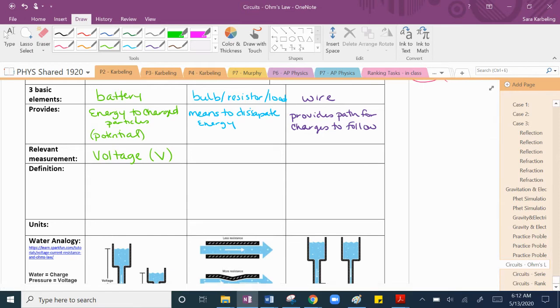The definition for voltage can get really technical really fast. I don't want to overwhelm you, because for our purposes this year, it's not crucial that you have all of the bits and pieces organized in your brain, but I just wanted to give you a basic definition of what this is.